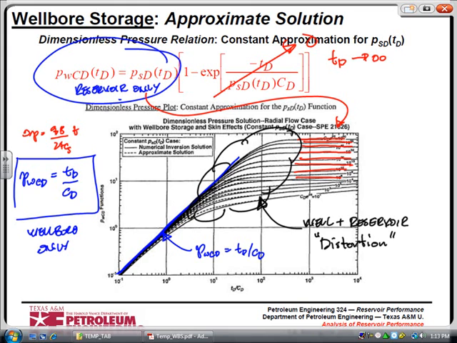We cannot interpret the reservoir or the wellbore. Over here, it's definitely wellbore only. Over here, it's definitely reservoir only. How do I know that I can't tell the difference between reservoir and wellbore in the transition or in the distortion region?